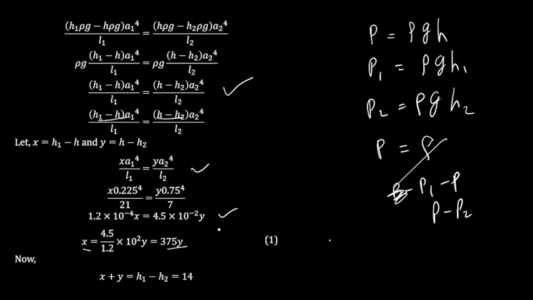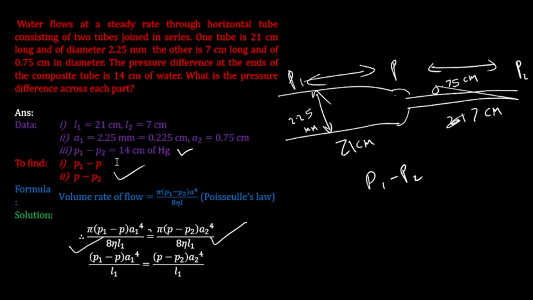Now the pressure difference P1 minus P2 is given. The pressure difference P1 minus P2 is 14 centimeter of Hg, and P1 minus P2 corresponds to h1 minus h2.